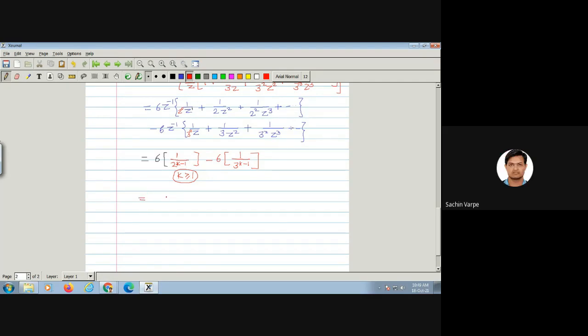I can rewrite this as 6 into 1 upon 2 raised to k minus 1 minus 1 upon 3 raised to k minus 1. And for both of these, k varies from 1 to infinity. Is this clear now? Very slowly I have explained.